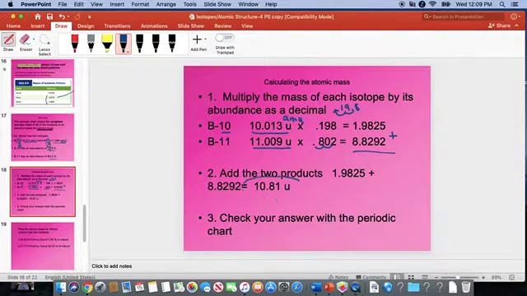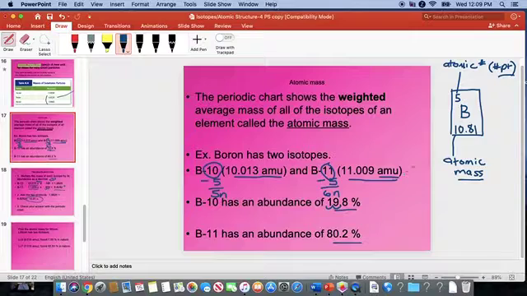This is the weighted average of all of the isotopes for that substance. And if you go back and look at your periodic chart, you can see down here, that's what is shown. This is the weighted average of all of the isotopes that could make up, for example, a chunk of boron.